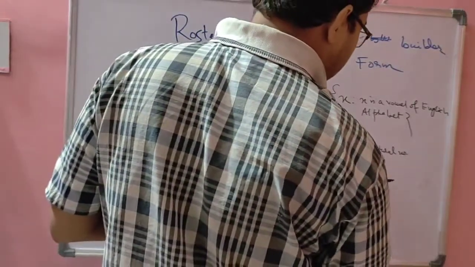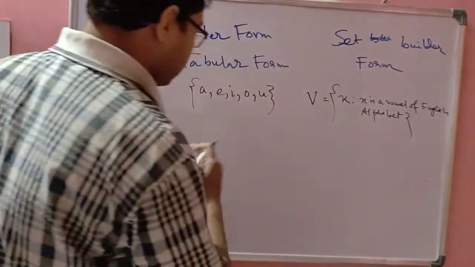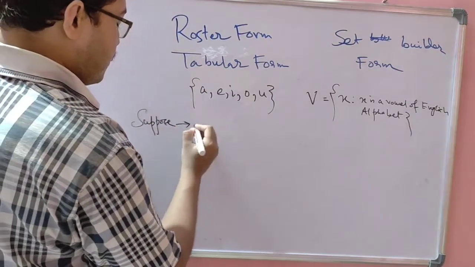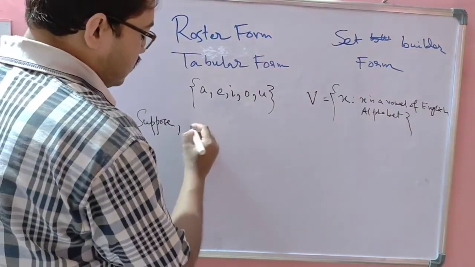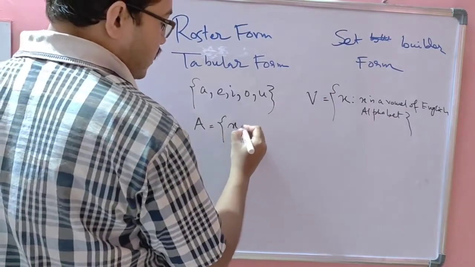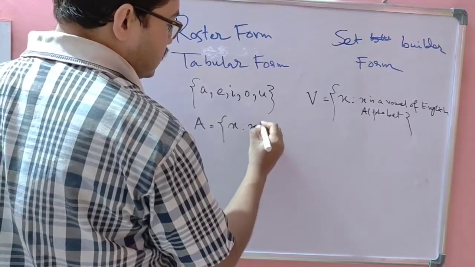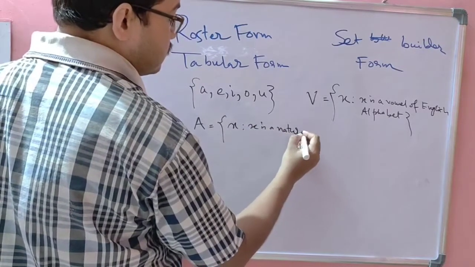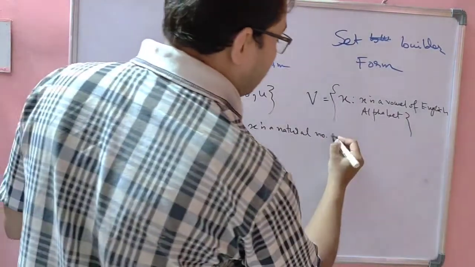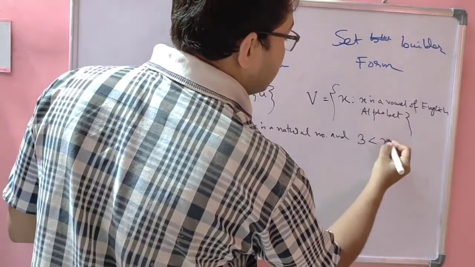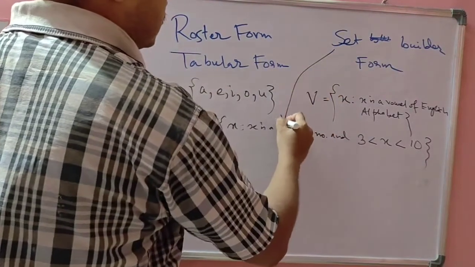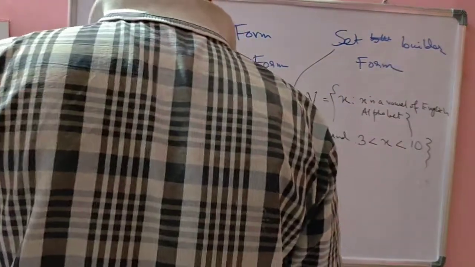So set A in set builder form is: X colon, X is a natural number and 3 less than X less than 10. Okay, so this is a set builder form.